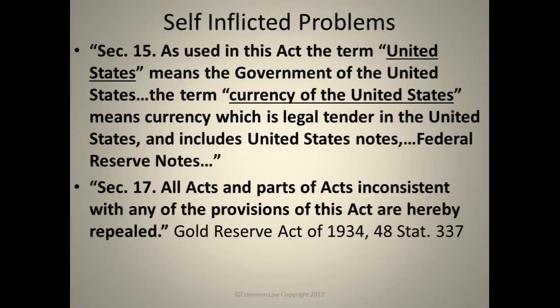This is the Gold Reserve Act of 1934, located at 48 Stat 337. It says in Section 15, as used in this act, the term United States means government of the United States. The term currency of the United States means currency which is legal tender in the United States and includes United States notes and Federal Reserve notes. So think about what they're saying here.